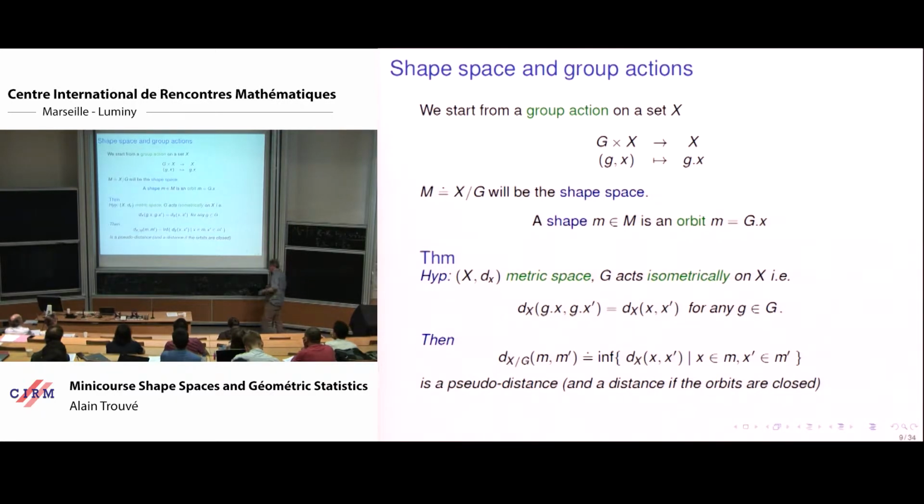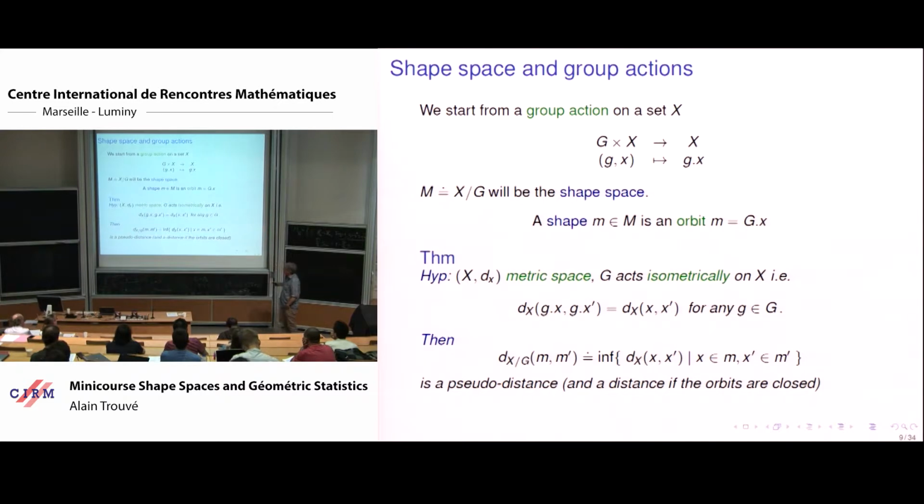An orbit. So you have your basic triangle and all the versions of that triangle up to rotation, translation, and scale. It's very simple, just an exercise, but it will play a very important role. If you have a metric on that space, and you have an action which is acting isometrically on X, it means you conserve the distance.